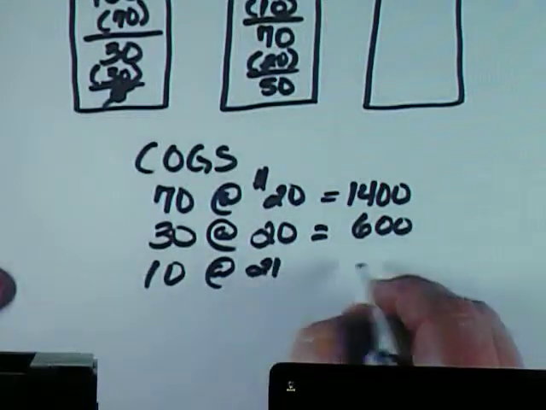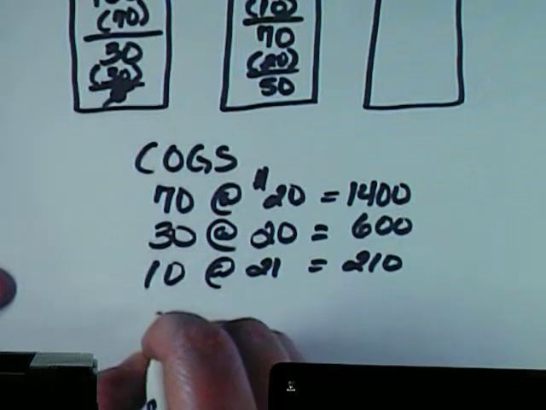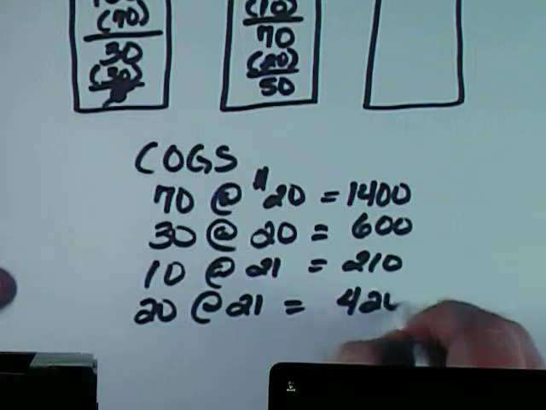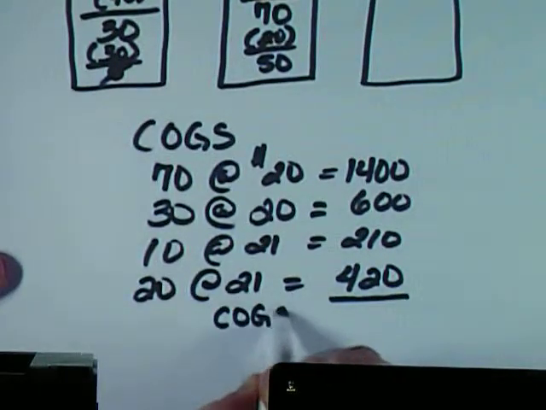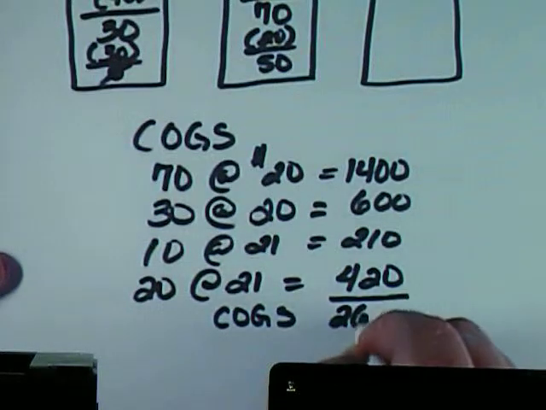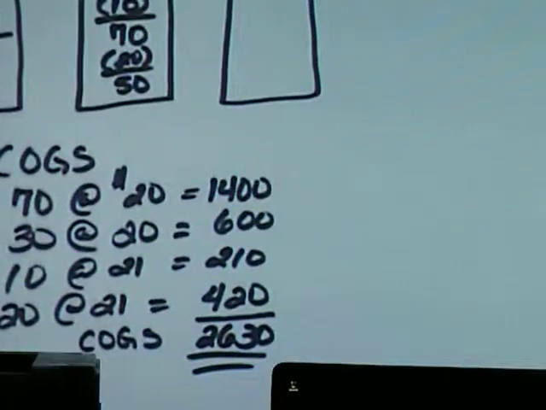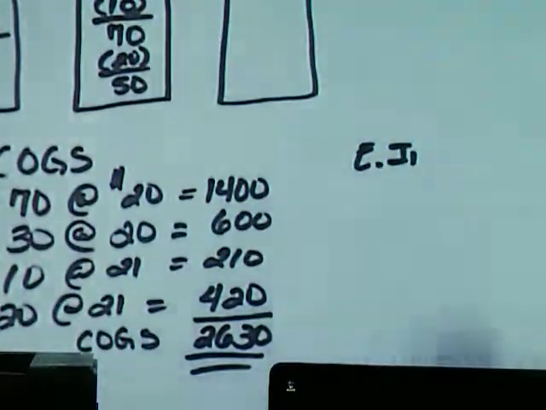That cost us $210. And then I sold an additional 20 units out of the $21 bin, and that cost me $420. This gives me a total cost of goods sold of $26.30 for FIFO.